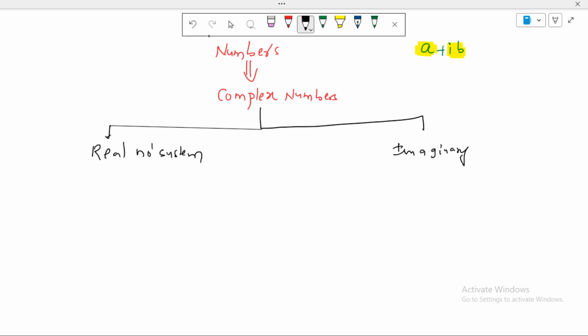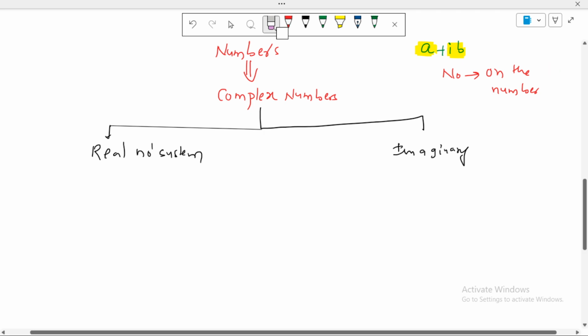What is meant by real numbers and imaginary numbers? If we can express the given number on the number line, then it is called a real number. If we cannot express the given number on the number line, it is called an imaginary number. I hope you understood.